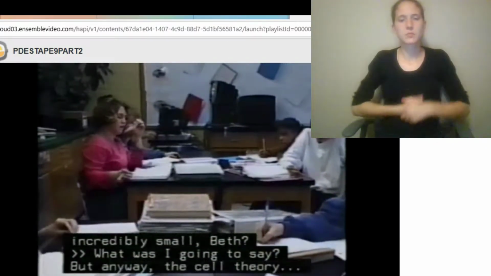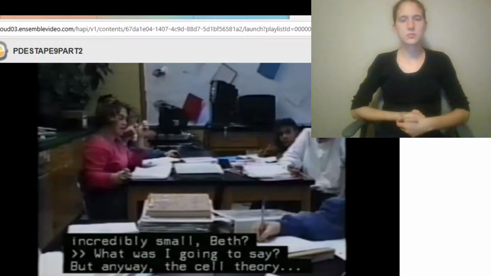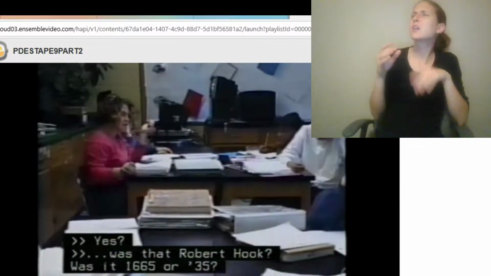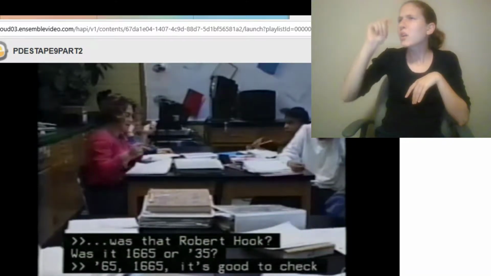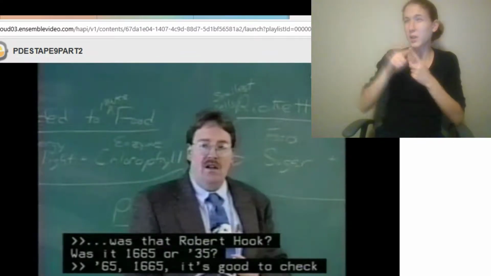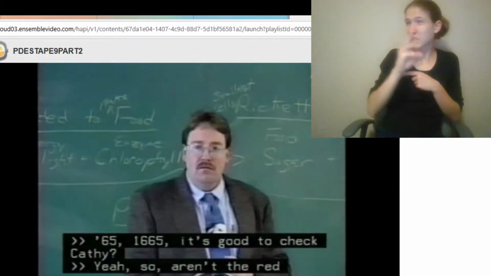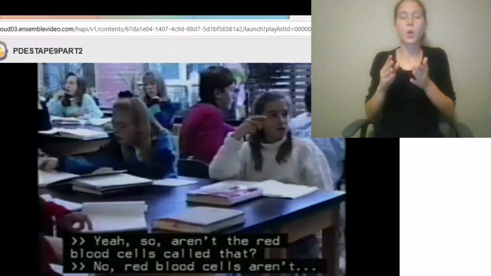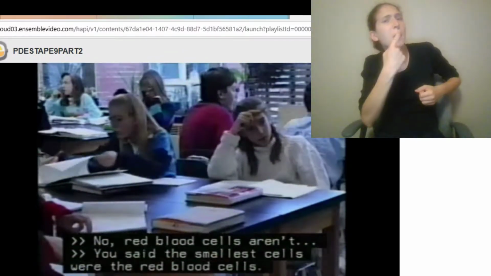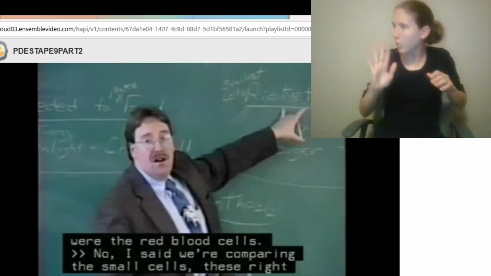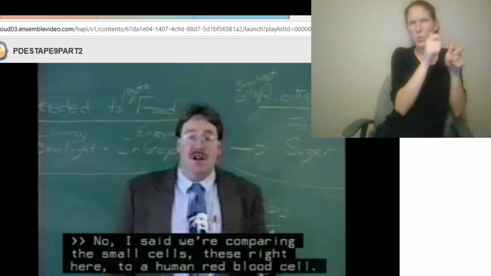But anyway, with the cell theory, with Robert Hooke, was it 1665 or 35? 1665. Okay, it's good to check. Aren't the red blood cells called the smallest cells? No, so we're comparing the small cells, these right here, to a human red blood cell.